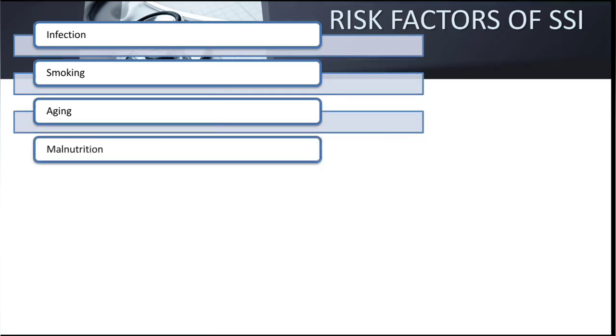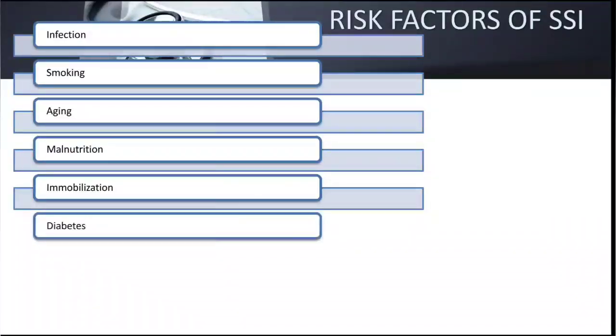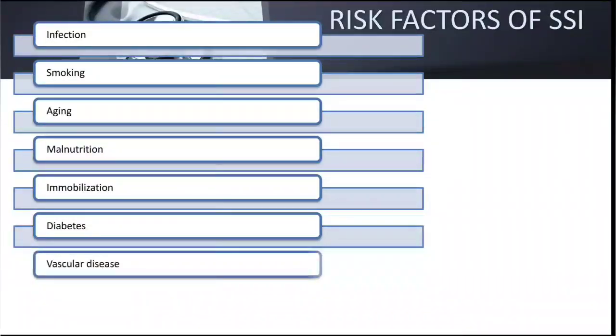Next is malnutrition. If you are malnourished, there is poor healing and therefore a risk of a surgical site infection. Immobilization, that's why we want to make sure the patient gets out of bed as soon as humanly possible. Someone who is diabetic has a risk of getting a surgical site infection.